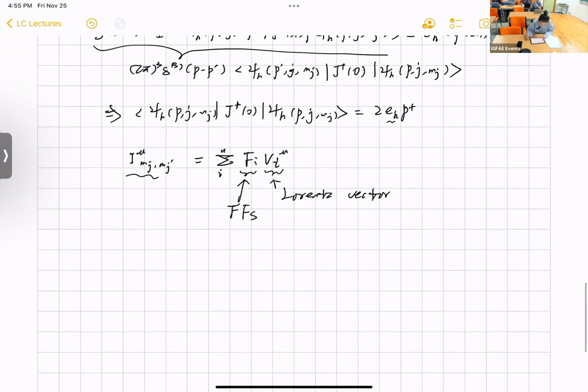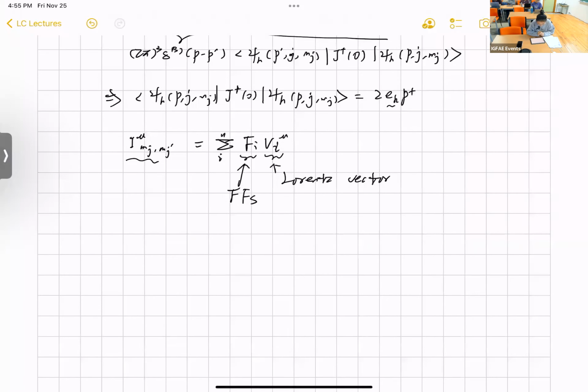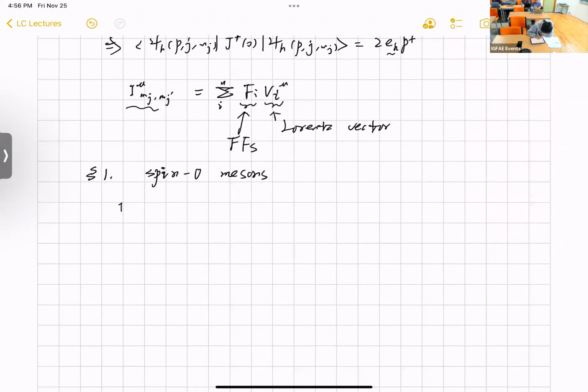Now our task is to find the form factors for a specific meson or specific transition. So let us do the simplest case, which is to find the Lorentz structure decomposition of spin zero mesons. So what are spin zero mesons? If I use the J P C notation, the total spin J should be 0, and the parity P could be either plus or minus.